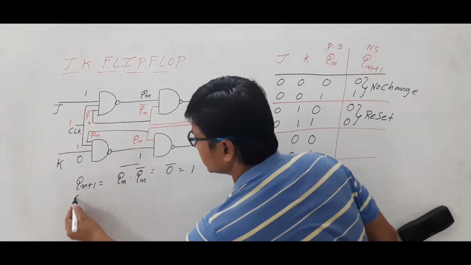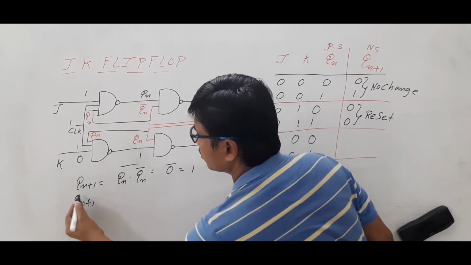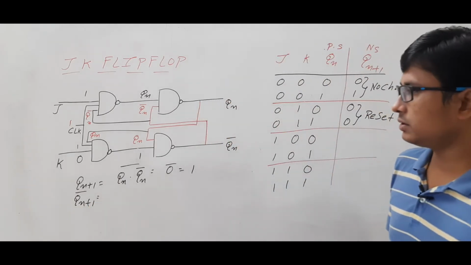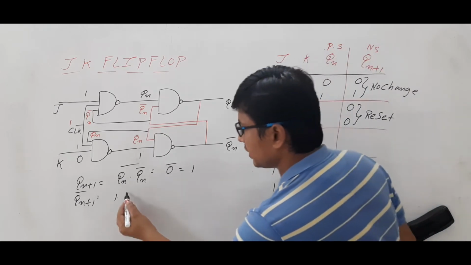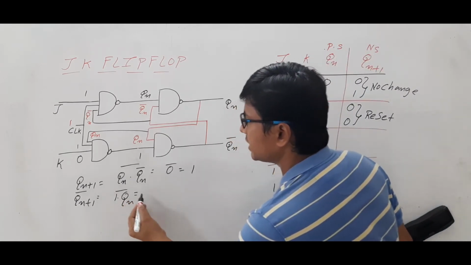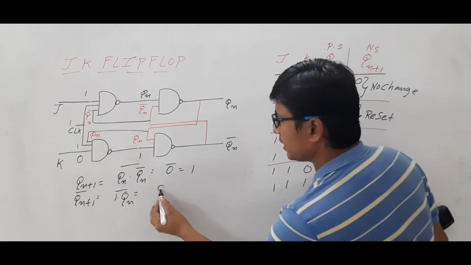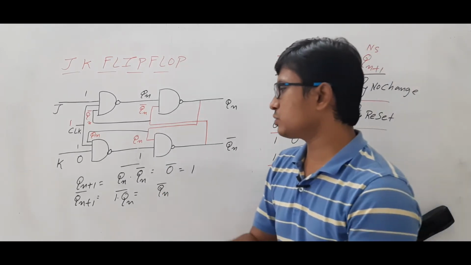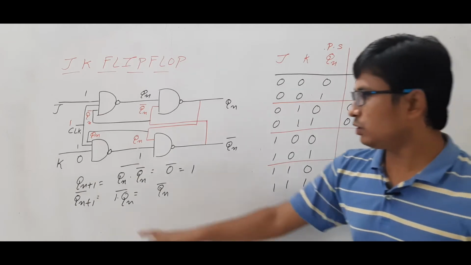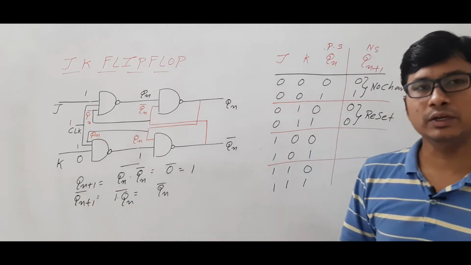Similarly, we will see what Qn+1 complement is. Now this is 1 and another input is Qn whole complement, which is equal to Qn complement. Now if you look at it, Qn+1 is saying 1, and Qn+1 complement is saying Qn complement.